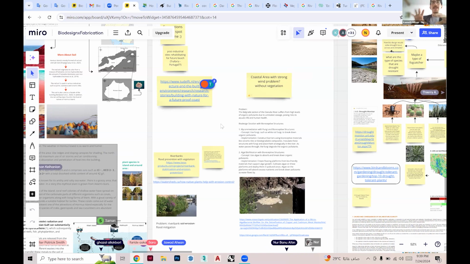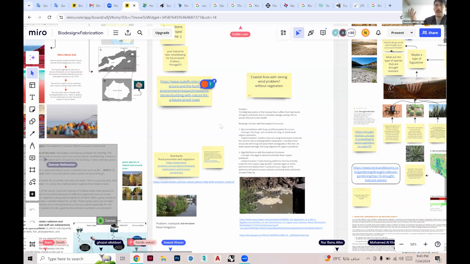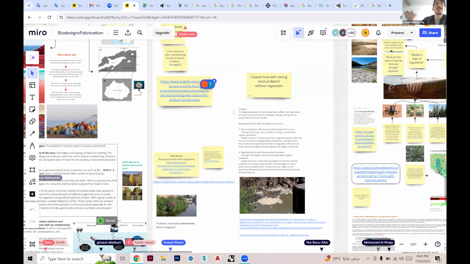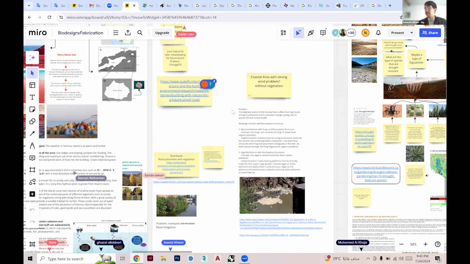You could design this structure to erode slowly away with the current of the river, releasing an agent that could clean the water. Or maybe you can identify an organism that's local to this river that could also help with bioremediation. I guess it's a big opportunity because it's a big river and it goes through many different places. So you can choose a particular place and try to design for the place and for the problem that the river presents.